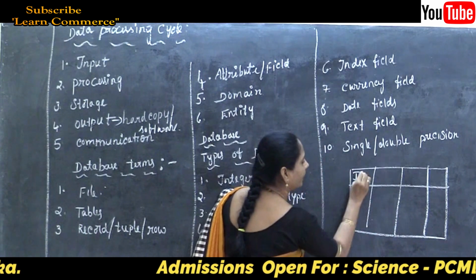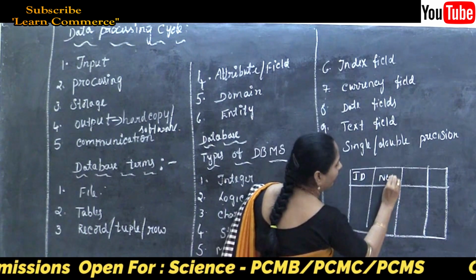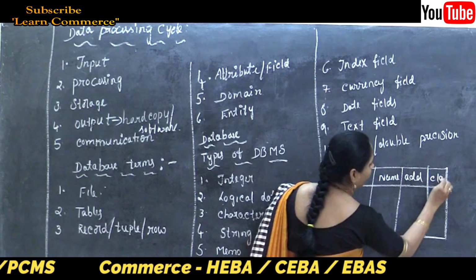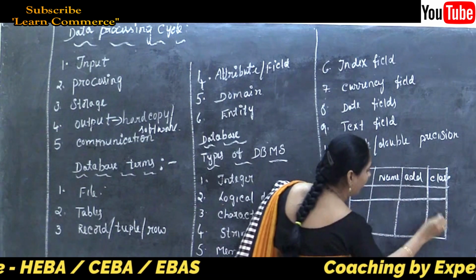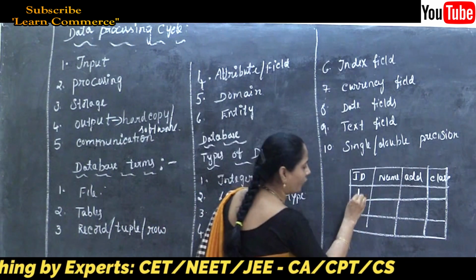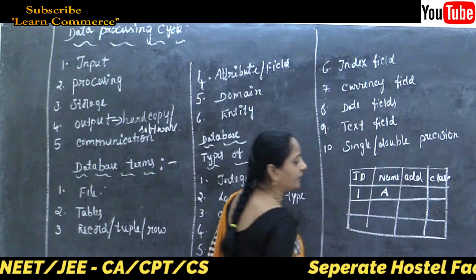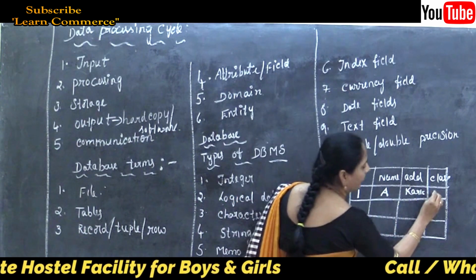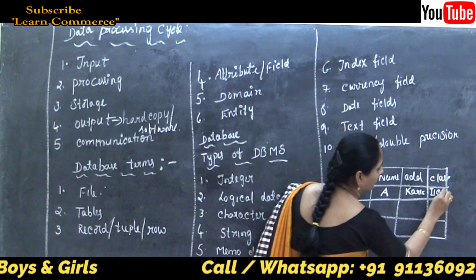So maybe the ID, name, and our address, and the next one is the class, and here we are going to create the record. The record is 1, name of the student is A, address may be Karkala, and class may be second commerce. Clear this point here?